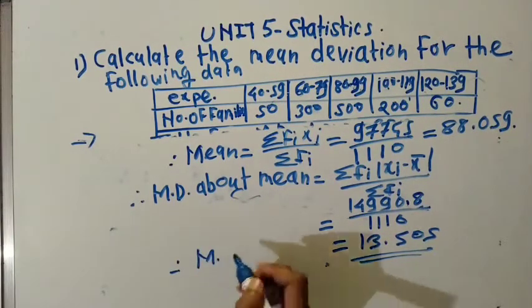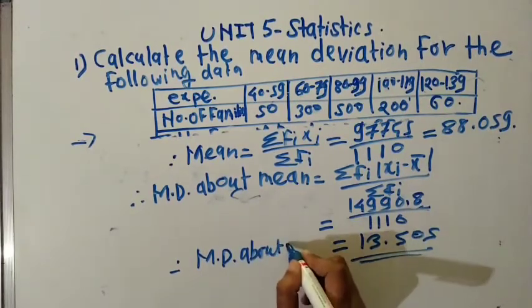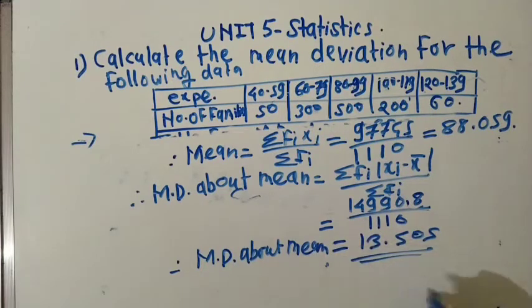Hence, mean deviation about mean is equal to 13.505.